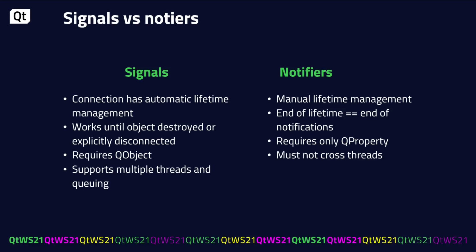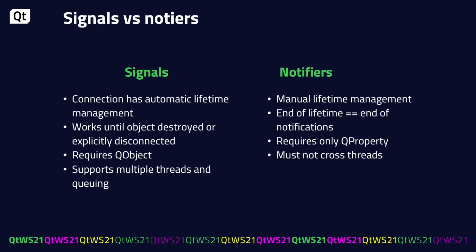Well, with signals, you get various benefits. The connection that is created has some automatic lifetime management, which means that it will stay alive until either you explicitly disconnect it or until any of the involved objects gets destroyed. With notifiers, you get back some handle, and the lifetime of that notification logic is tied to the lifetime of that handle. So you have to manage the lifetime more explicitly.